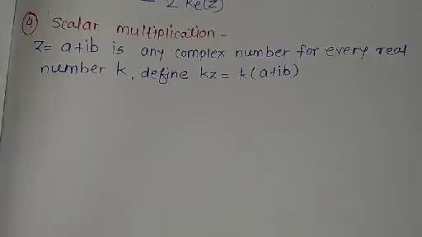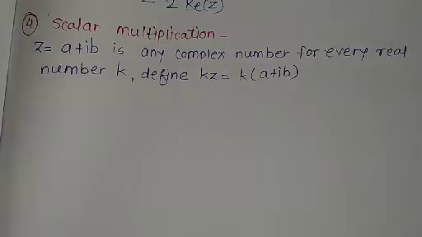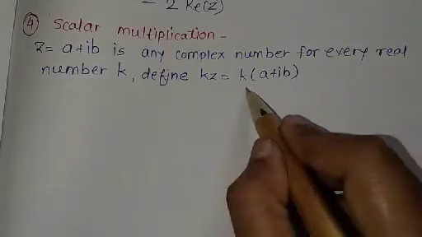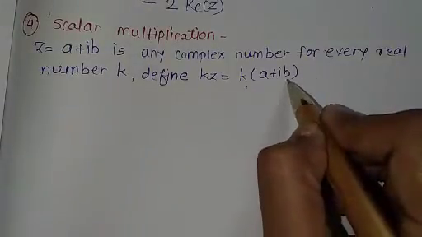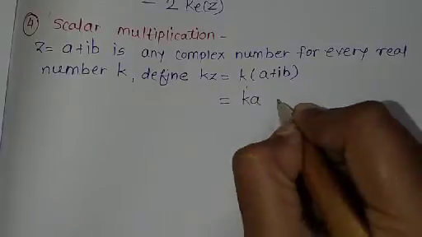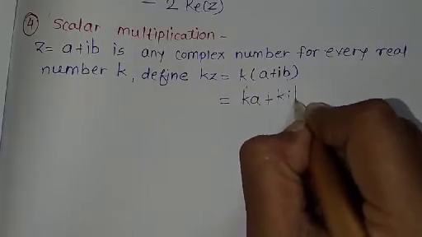For this, consider any complex number z equal to a plus ib. Then for every real number k, the scalar multiplication is defined as k into z, that is k into a plus ib. This is nothing but k into a plus k into ib.